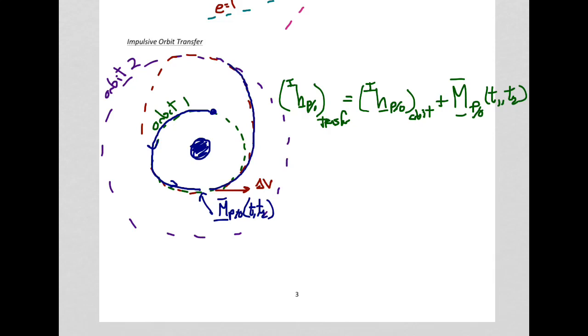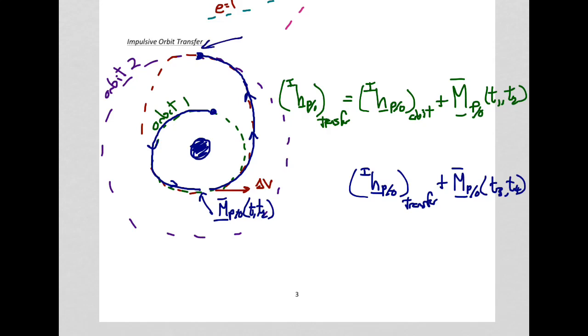As we go along our transfer orbit, which is elliptical, once we've joined paths with orbit number 2, we now need to apply another impulse to put us into orbit 2. Our second impulse is going to be applied when we're in this steady state condition for our transfer orbit. We're going to add to that an impulse, p with respect to O, from time 3 to time 4.